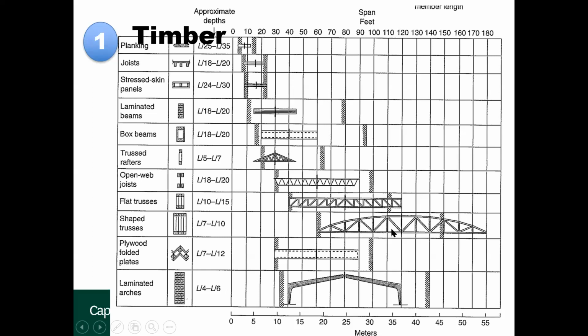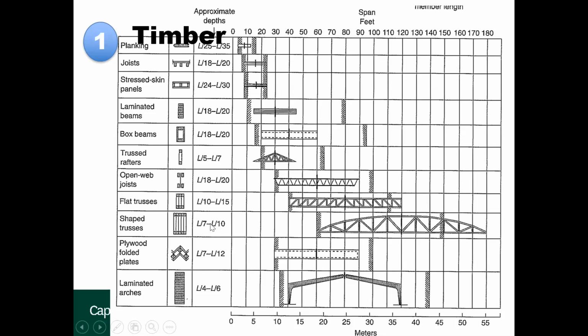And a truss like this can span from 18 meters right up to 45 meters. And so if you are interested in using timber and you want a bowstring truss like that, and your span is between 18 and 45 meters, well, this table is telling you that you've made a good choice.